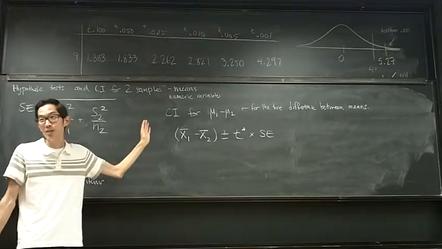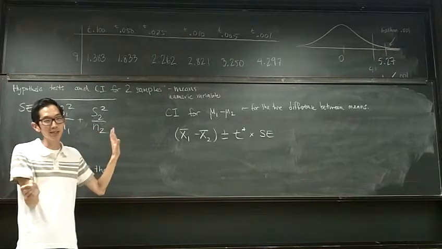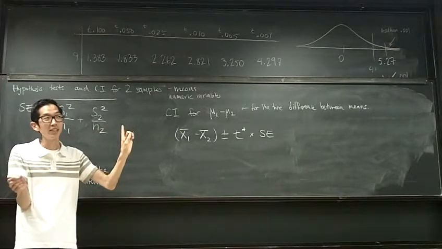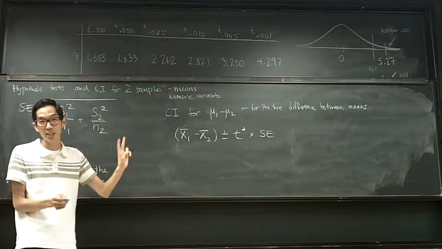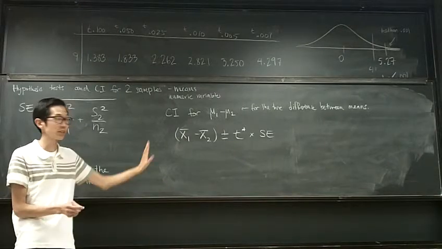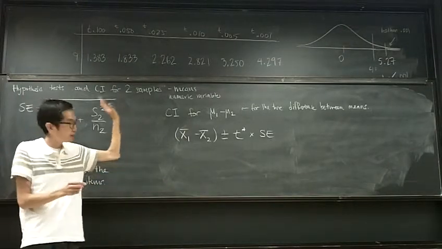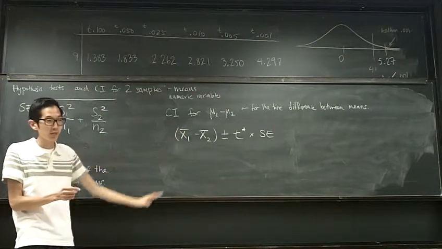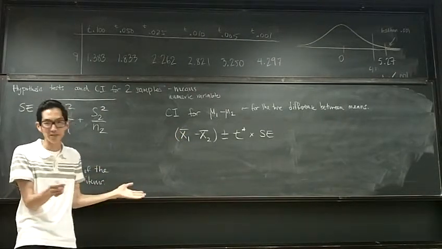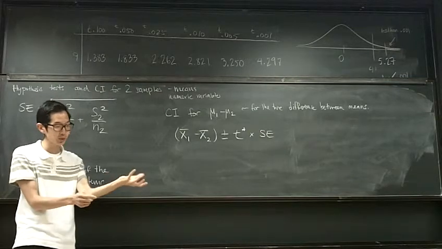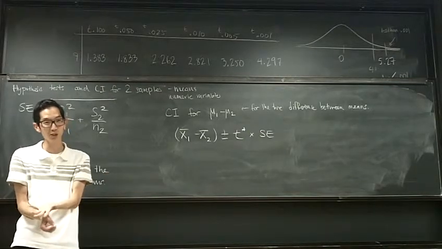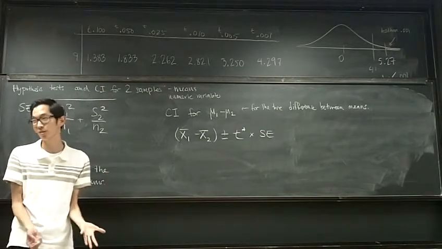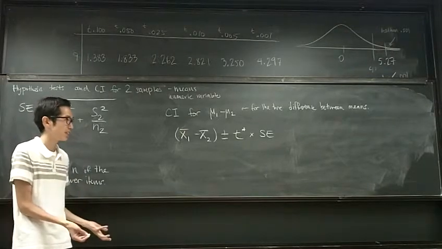The hardest part is reading the problem and saying, aha, here I have 2 samples and I'm dealing with a mean and I'm making a confidence interval. Once you figure that out, you got this right here, okay? But if you read the problem and it's supposed to be means and you think you're doing proportions, you're going to be in big trouble, okay?